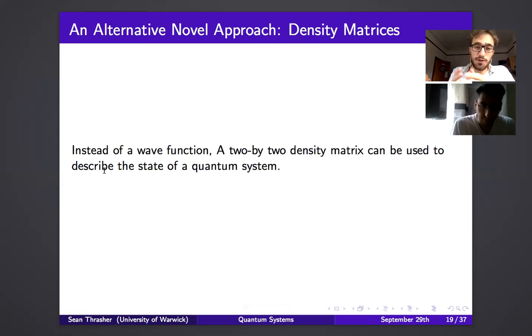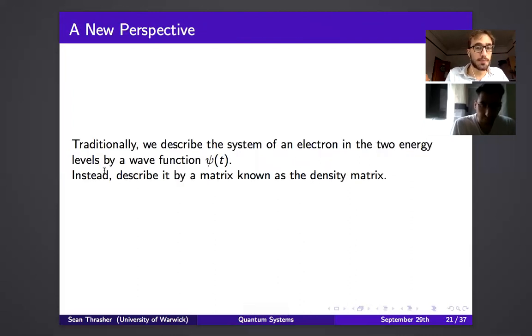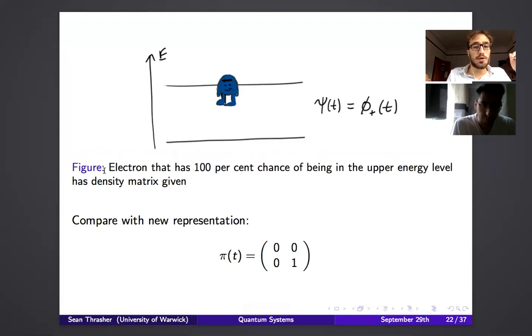So instead of a wave function, you can describe your quantum system equally well by a 2x2 matrix, which is known as a density matrix. And it's got certain special properties that we exploit in the project. So as an example, before we described the upper energy level with this wave function, now the corresponding density matrix would be this right here, 0, 0, 1.